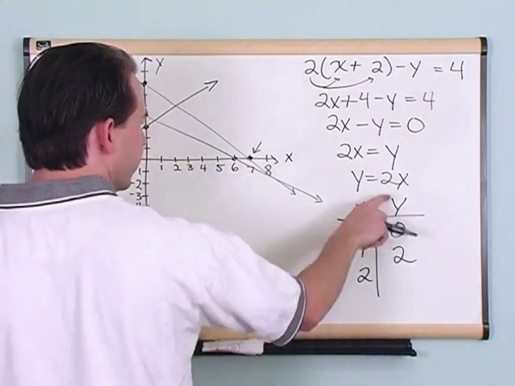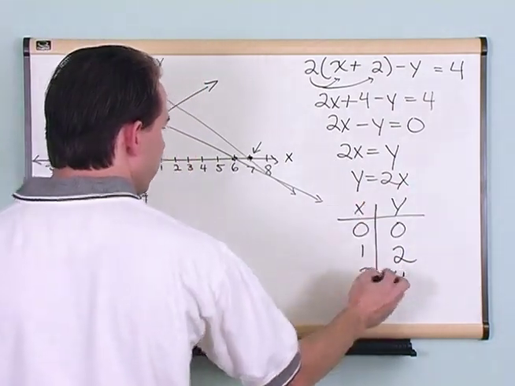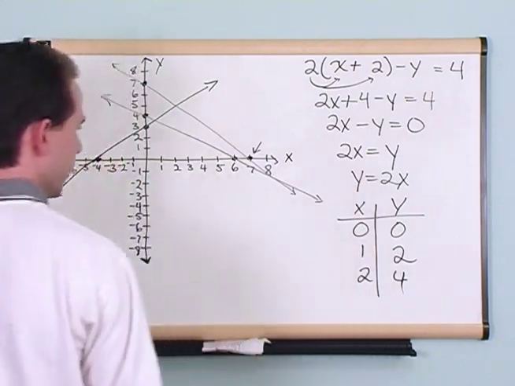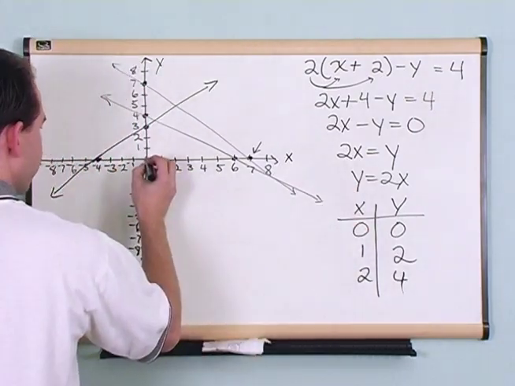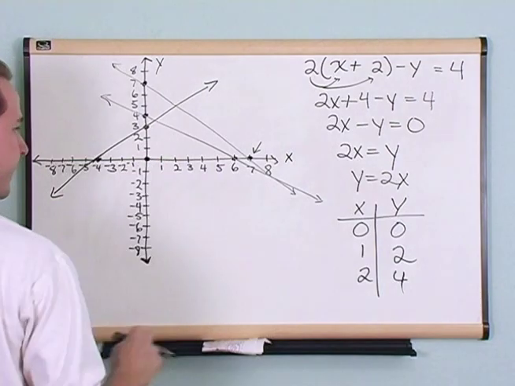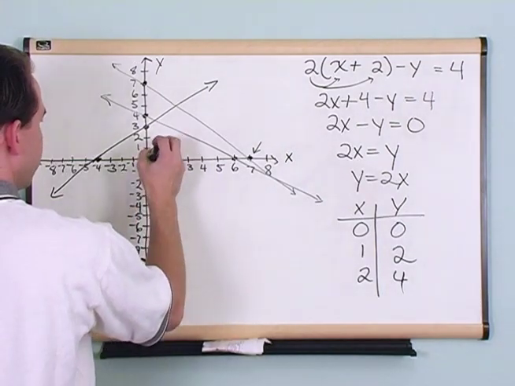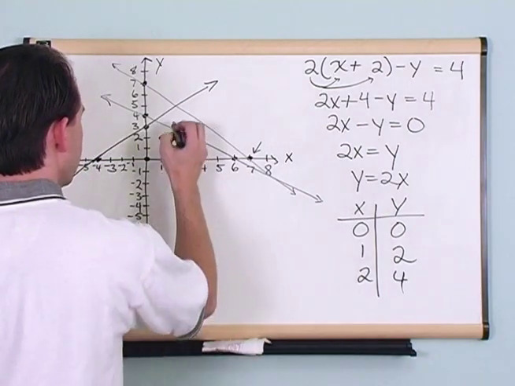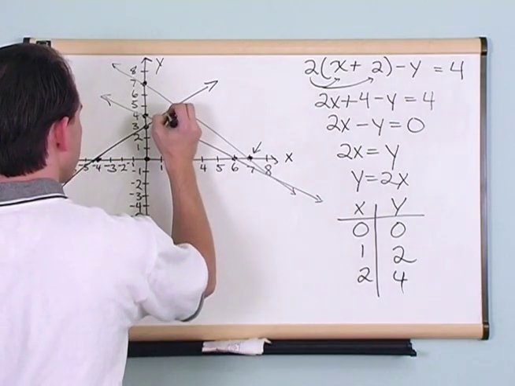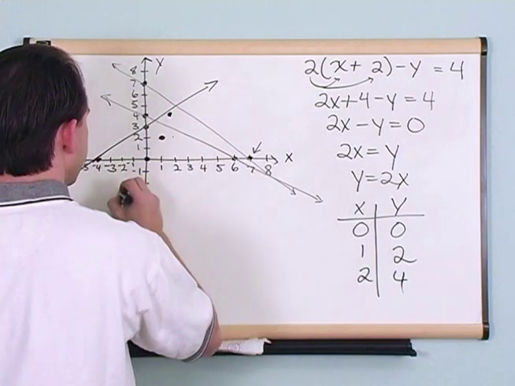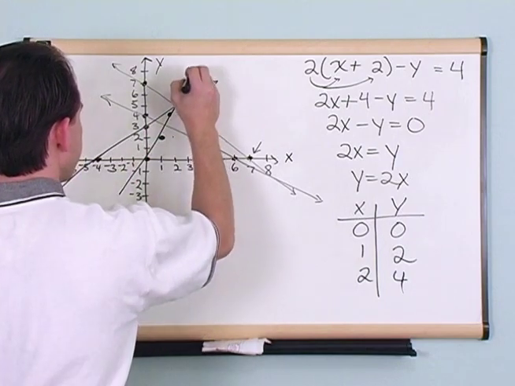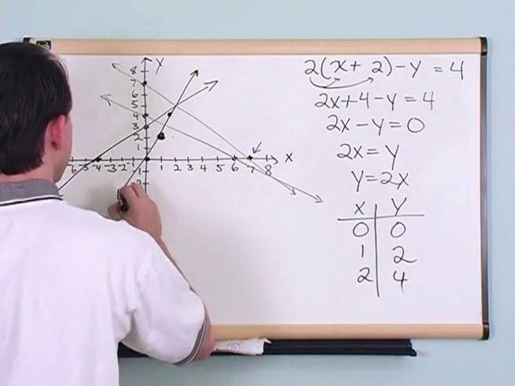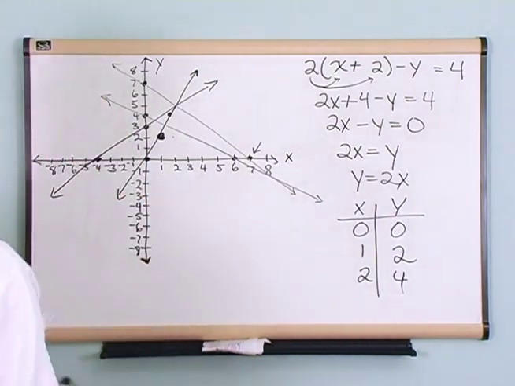I can pick x is equal to 2. 2 times 2 is 4. So I get a family of numbers here. 0, 0 fits right here. 1, 2 fits right here. 2, 4 fits right here. And then again, you can see that there's a line here like this.